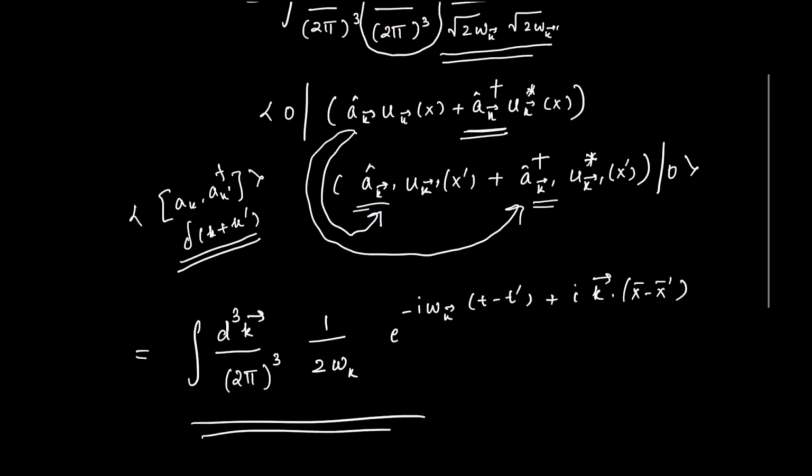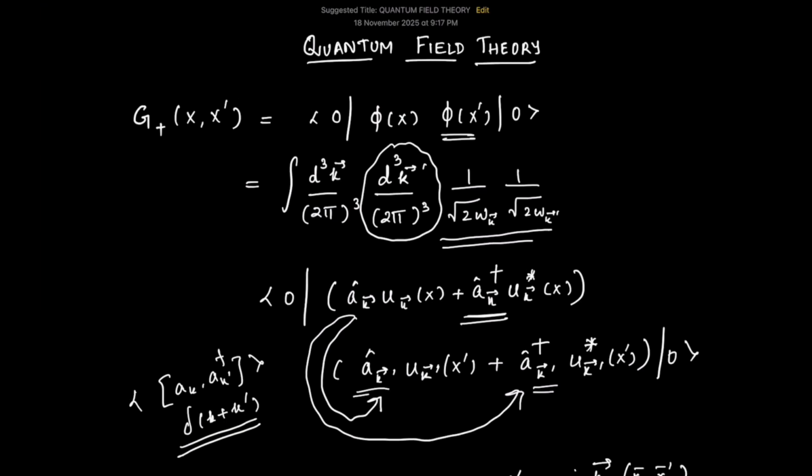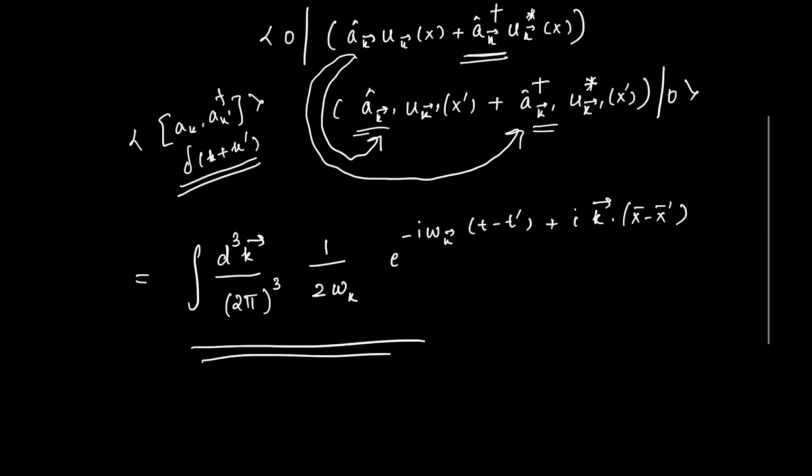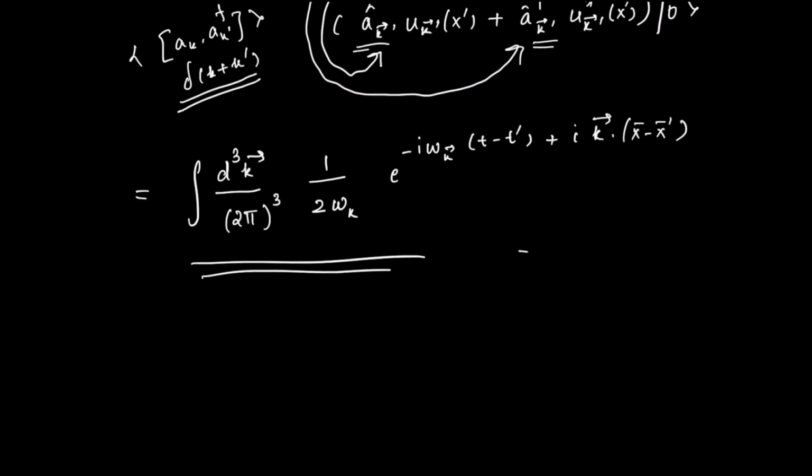So this will be G plus of x, x prime. Let this be equation number 1.